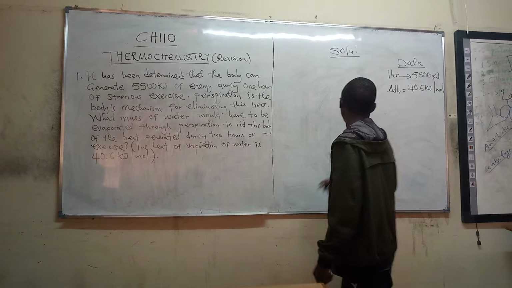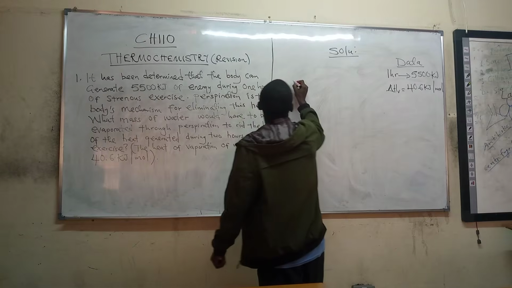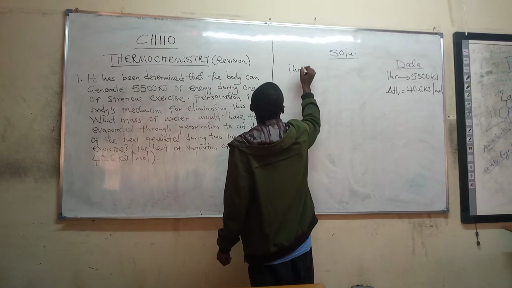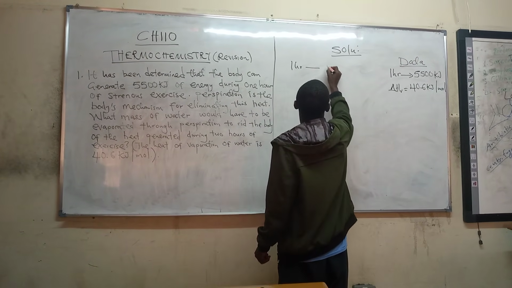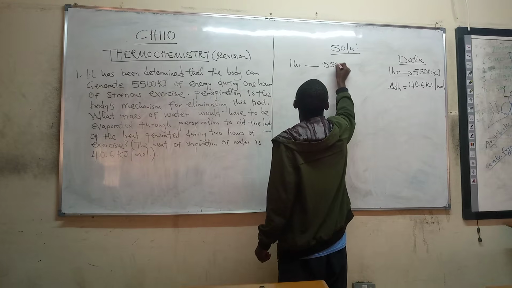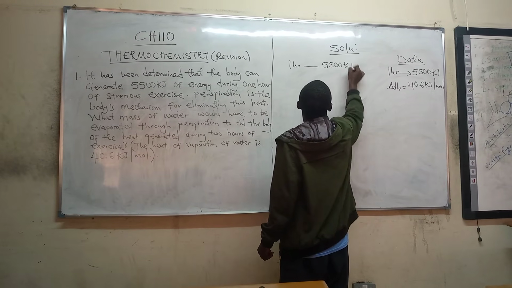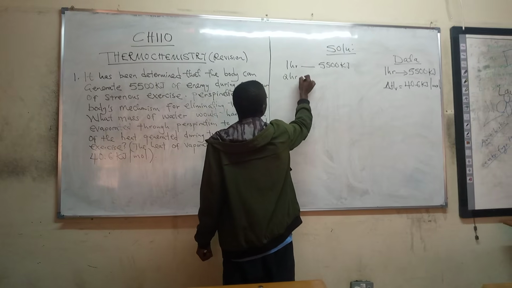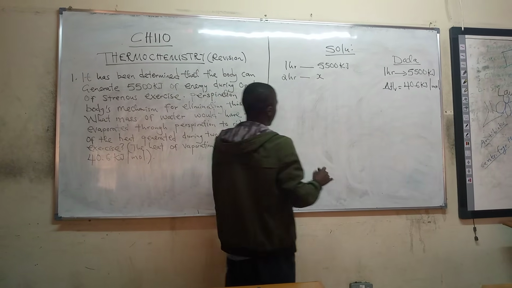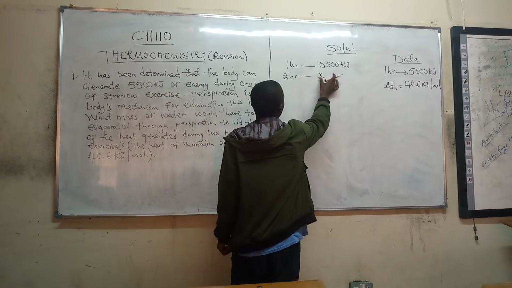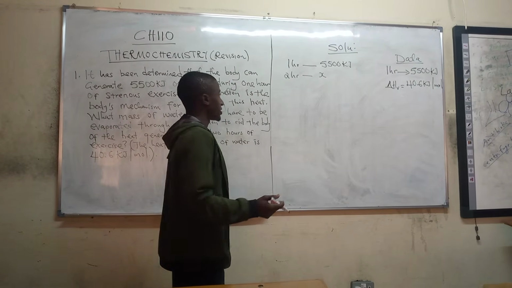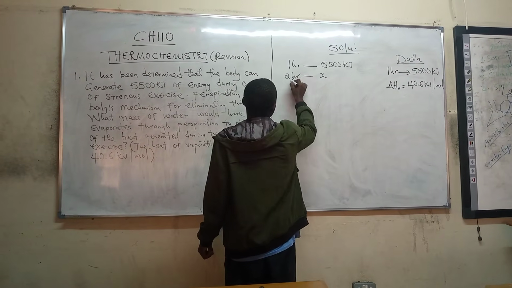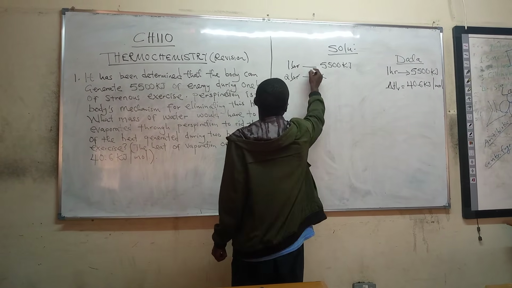So we know that 1 hour produced the heat of 5,500 kilojoules. Now, what about 2 hours? So you put X there because you don't know the amount of heat that was produced. You cancel hours there, and then you cross multiply.